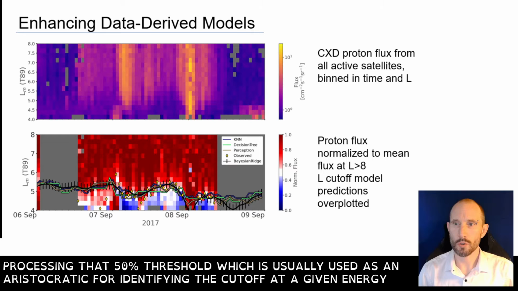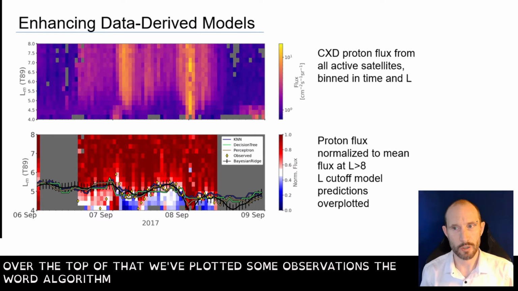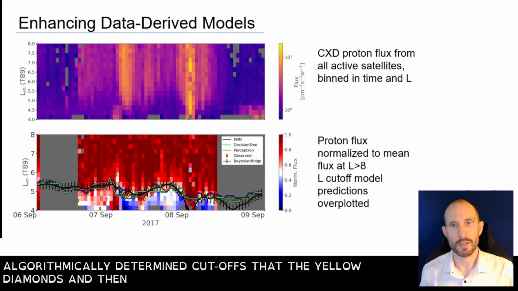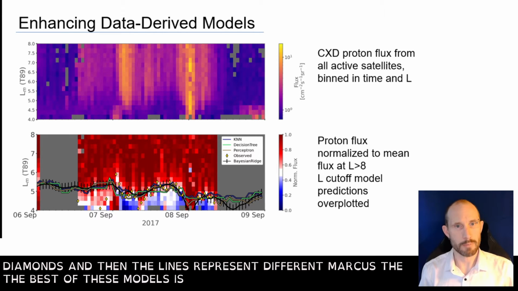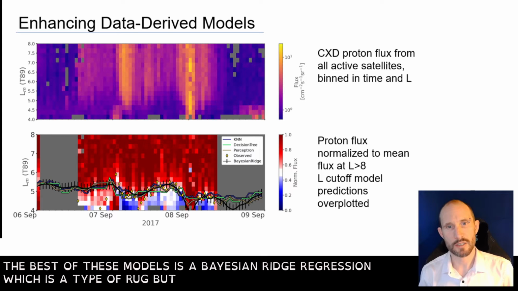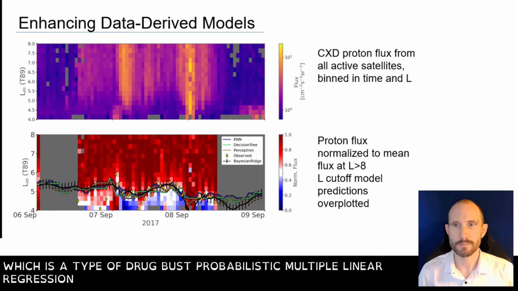Okay, so over the top of that, we've plotted some observations that were algorithmically determined cutoffs, that's the yellow diamonds, and then the lines represent different models. The best of these models is a Bayesian ridge regression, which is a type of robust, probabilistic, multiple linear regression.